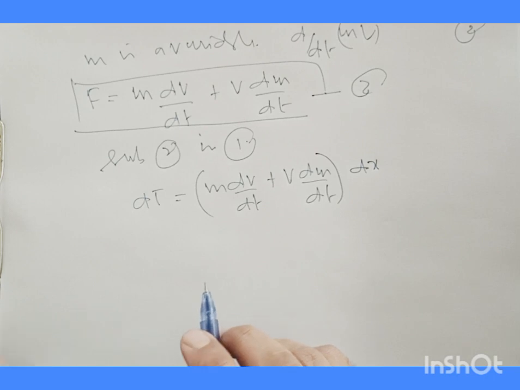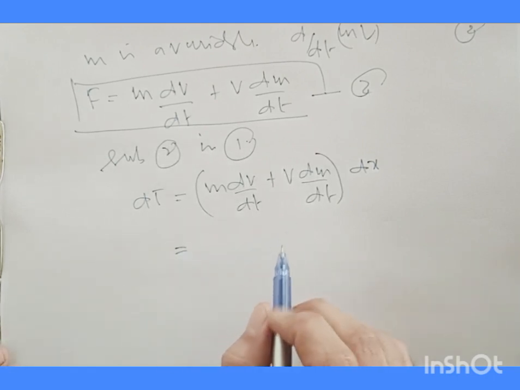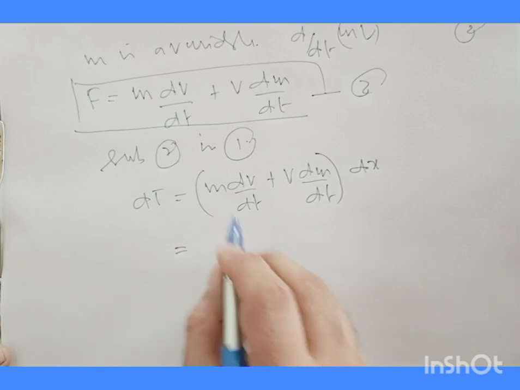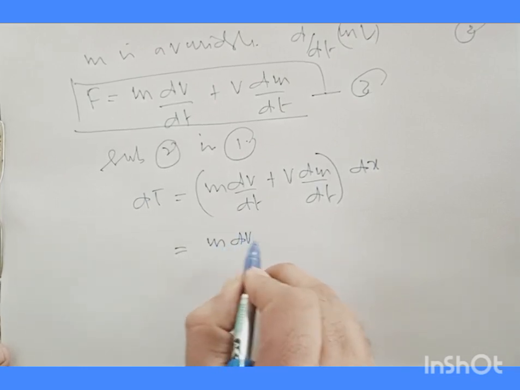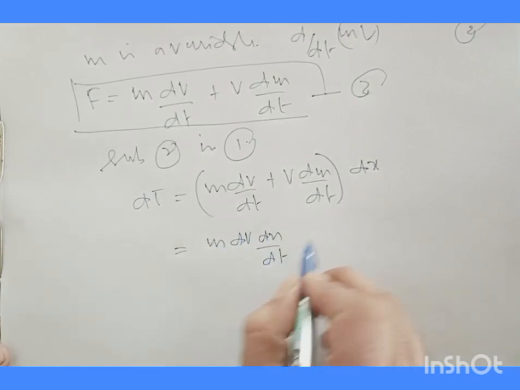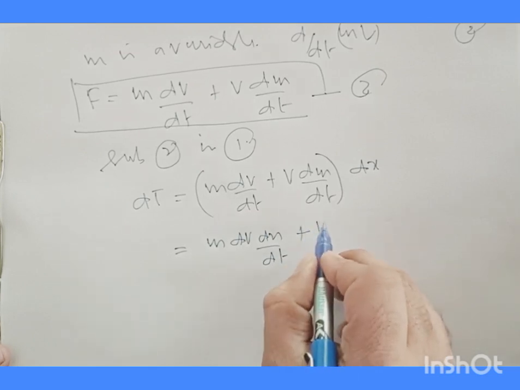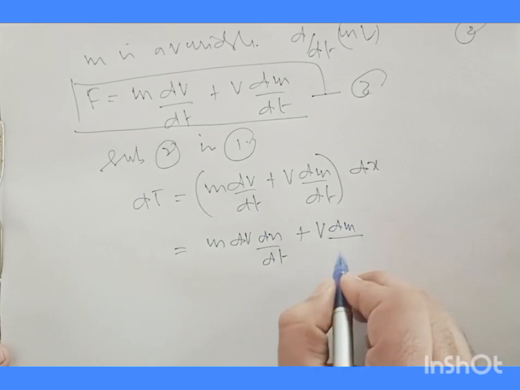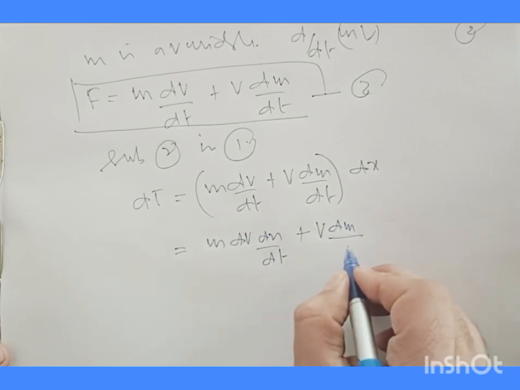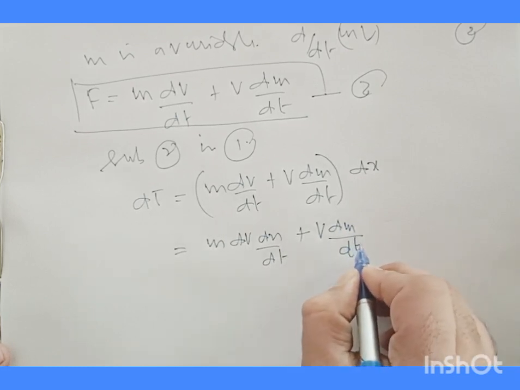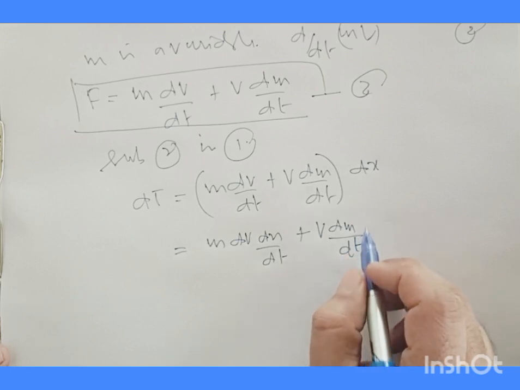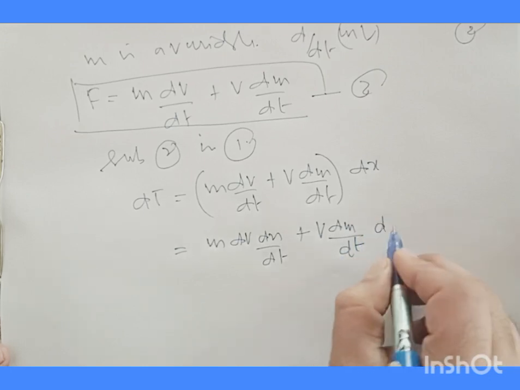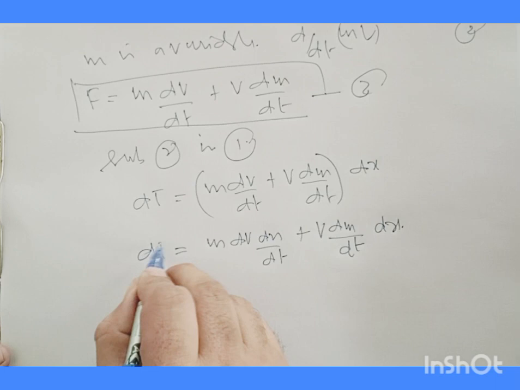We can have a small manipulation here. I can write m dv dx by dt plus v dm by dt dx. So this is going to be my dT.